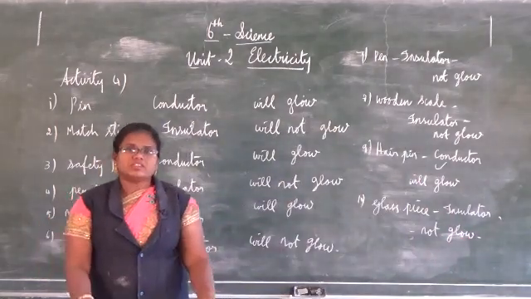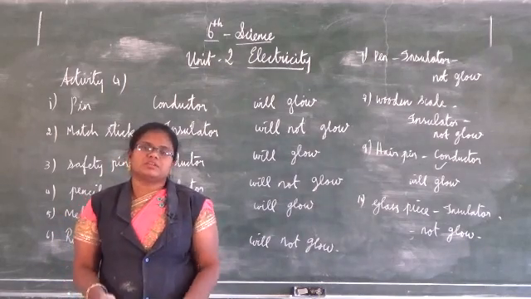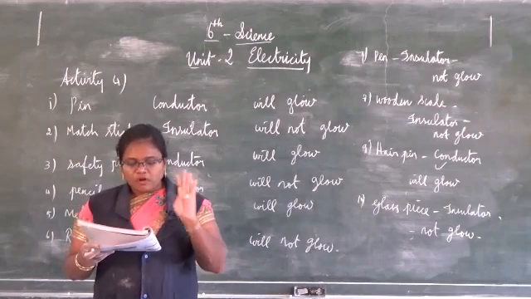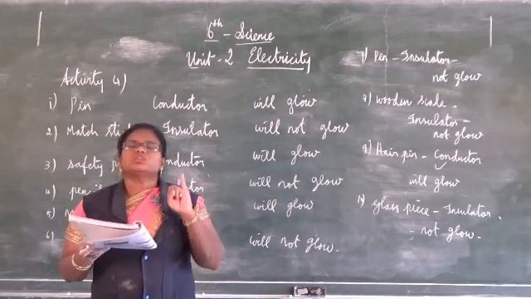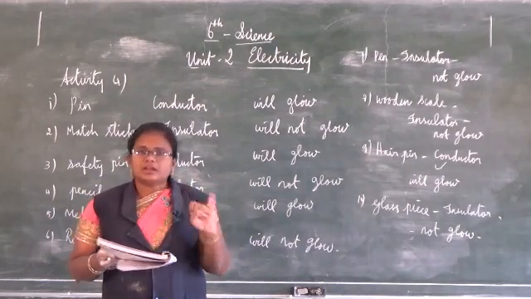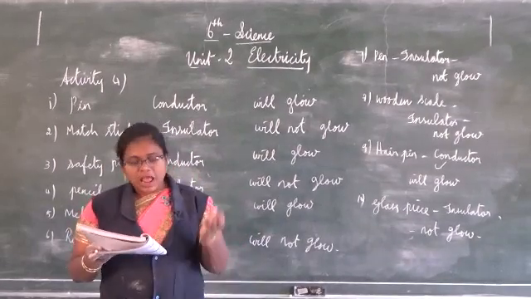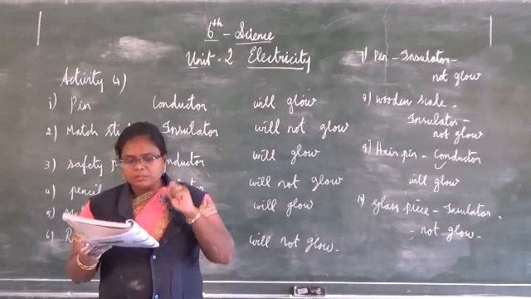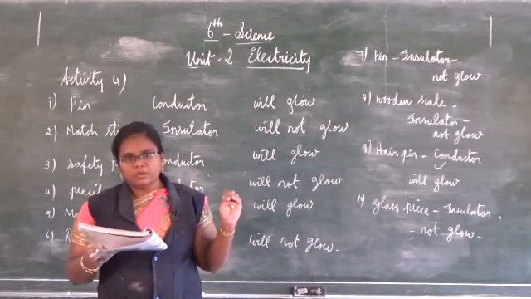Understand, children? Next we are going to see only the safety measures. Safety measures alone we shall see. We should follow four safety measures. First, we have to switch off the power supply, so that there is no harm, and we have to remove the connection. Thirdly, any water and conducting material that is there should be removed.